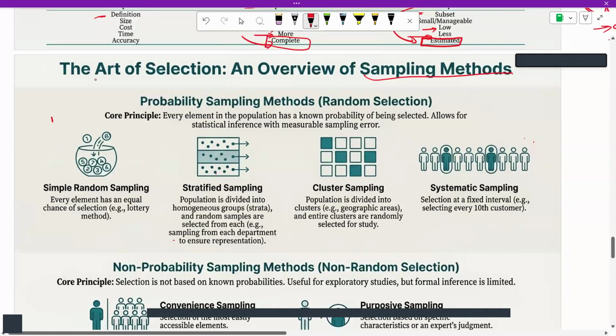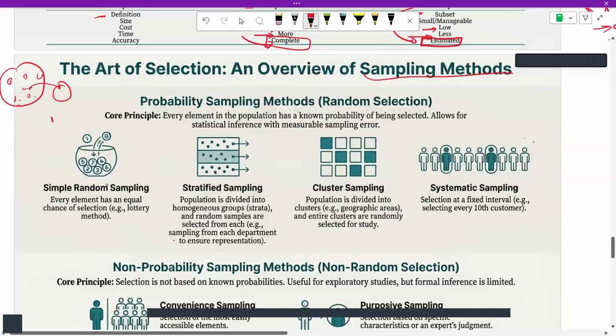You know what sampling is? A sample is simply a subset of the population, and that is sampling. How do we select the elements within the sample?